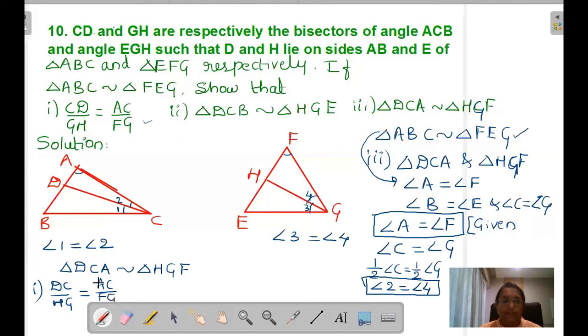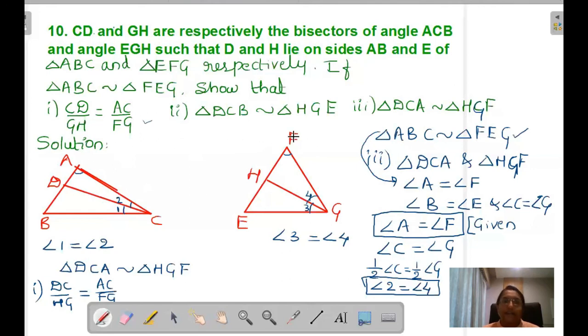It is the first one. So in this example, to prove this you have to prove the similarity of the two triangles first. Directly you cannot write this. So I have taken the third one first. The third one is proved, and with that we can easily write the first one.